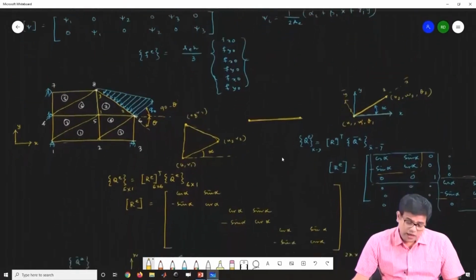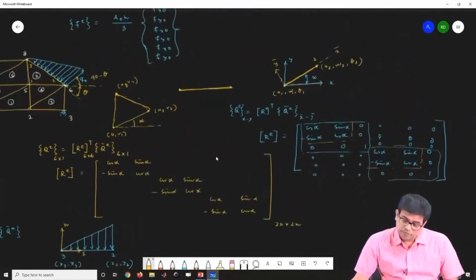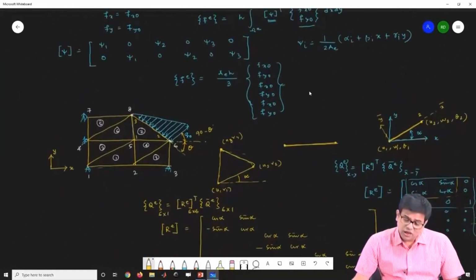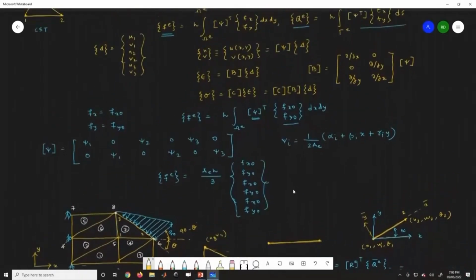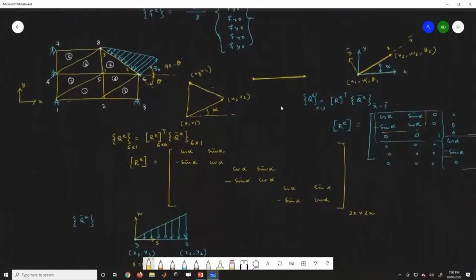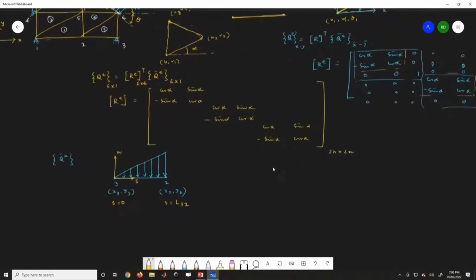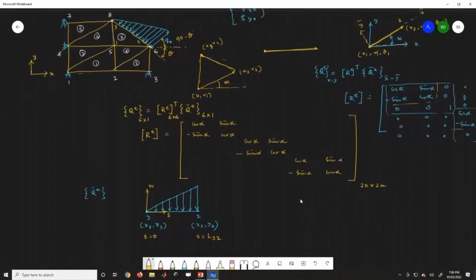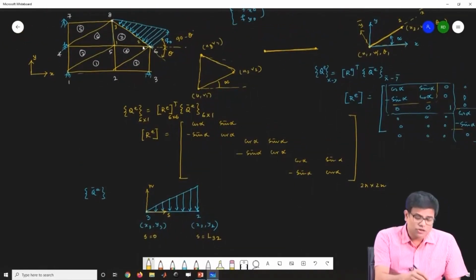Now this L32, if I have to find out, one important thing is that you have to compute this part only on this L32 part, because the other 2 parts will cancel out.